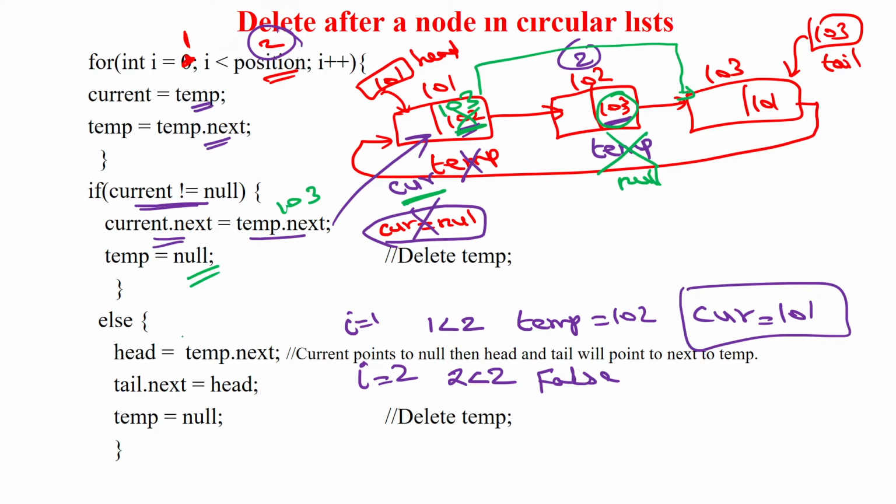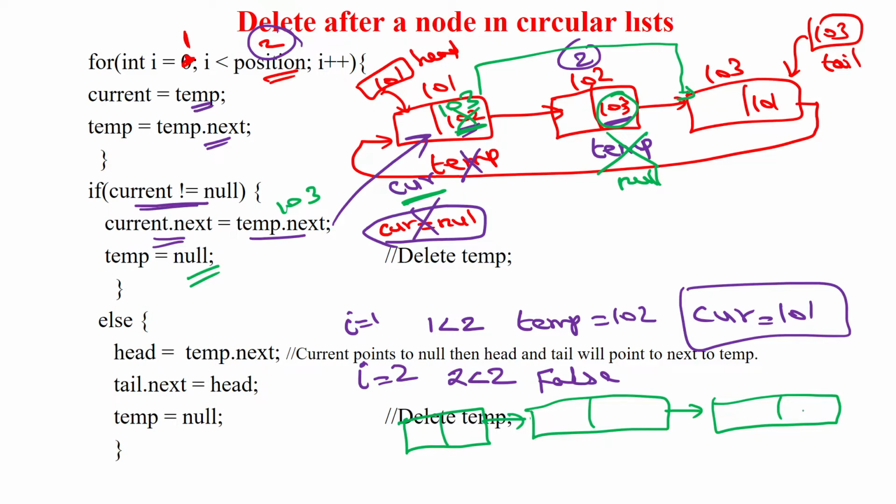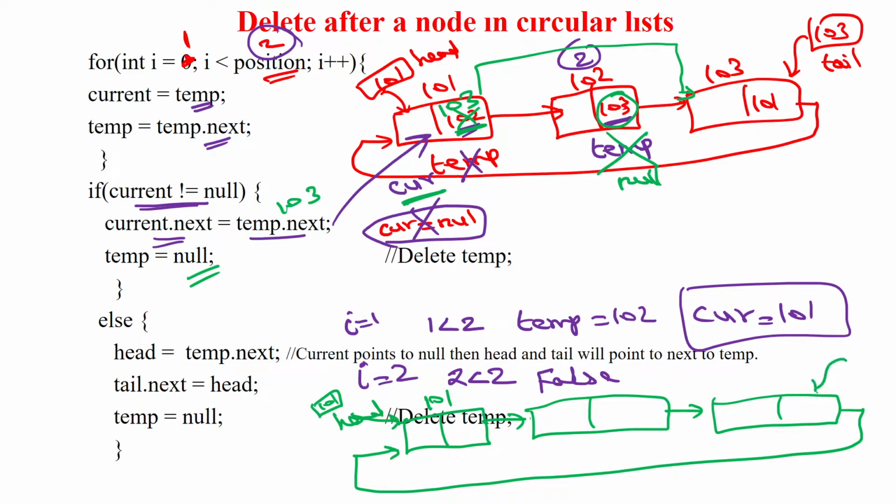Else, if current equals null, consider what happens when I give position 1 instead of 2. Here head is 101, tail is 103, and the nodes are 102 and 103, with tail pointing back to head 101.